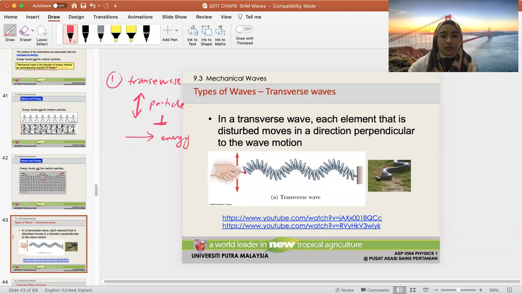An example of this is this spring. The spring goes up and down, but this lump, the disturbance, travels forward. Okay, you can see when you use a spring, you do like this. Kita buat macam tu, kita goyang-goyangkan spring tu. The energy travels, but sebenarnya the particle of the spring goes up and down.